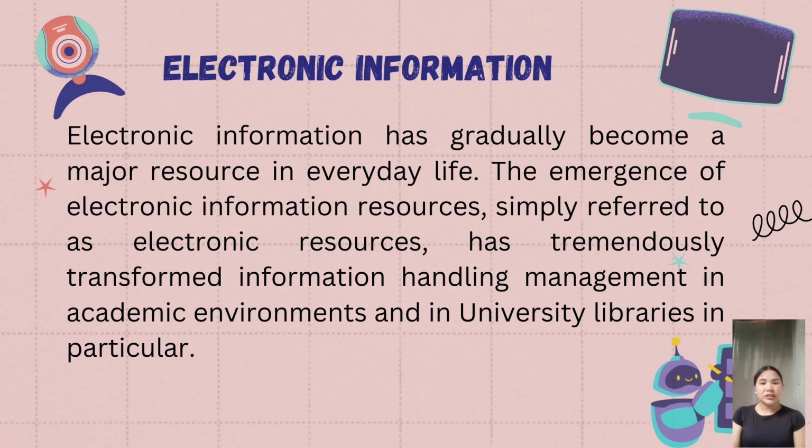According to Chaconas, electronic information resources are information resources provided in electronic form, and these include resources available on the internet such as e-books, e-journals, online databases, CD-ROM databases, and other computer-based electronic networks, among others.